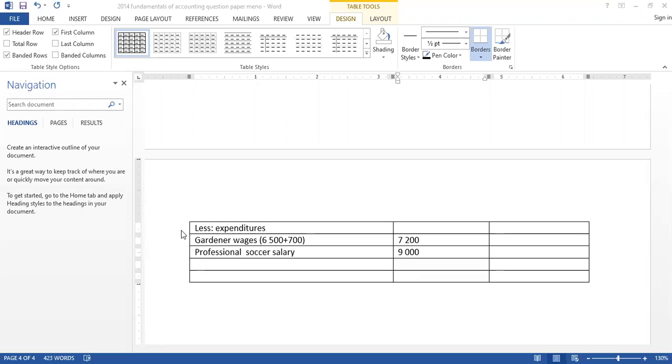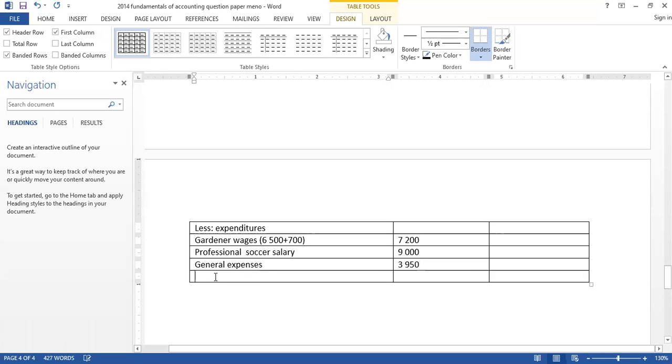And then from there, what else do we have? General expenses. Our general expenses, we do not have any transaction that affects it. So we record it as it is, 3,950. What else do we have?